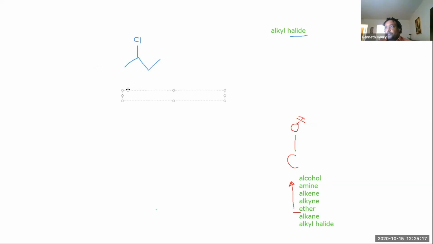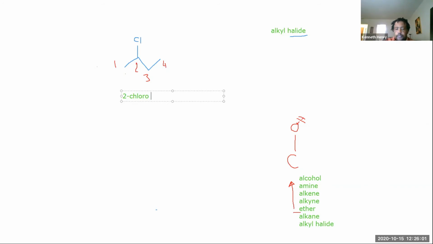So if we have this, this guy would be called, longest carbon chain, 1, 2, 3, 4 carbons. This guy would be called chloro. What do we call 4 carbons and all single bonds?